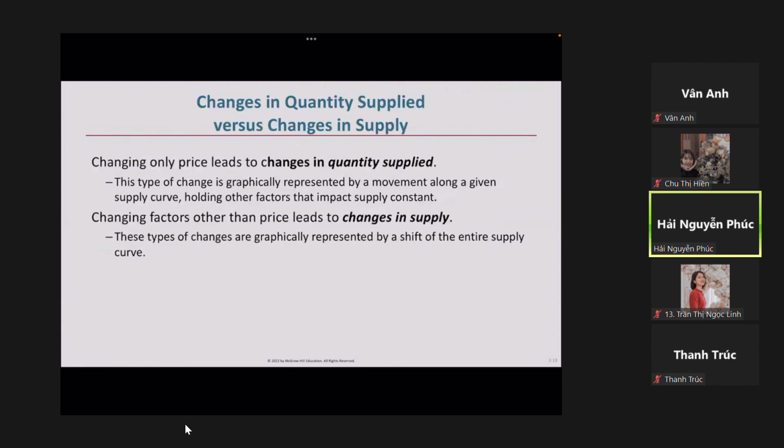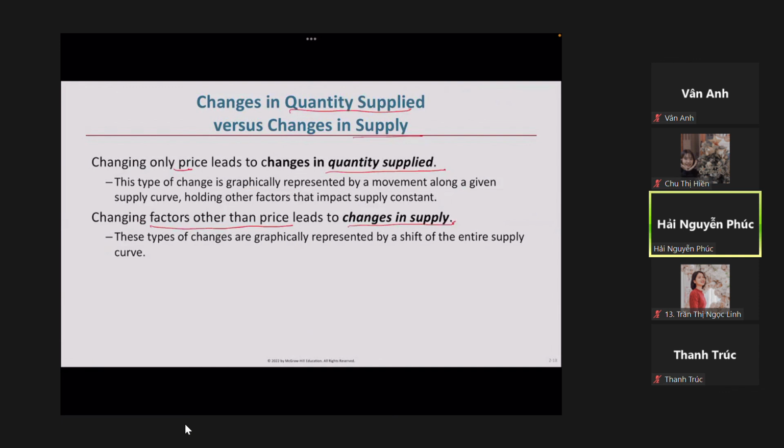Once again, it is very important to distinguish the difference between quantity supplied and supply. A price change will lead to a change in the quantity supplied. Factors other than price will lead to a shift in the supply curve, or we say changes in supply.